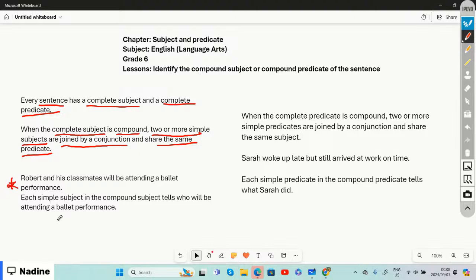So Robert and his classmates will be attending a ballet performance. We now need to find the compound subject.